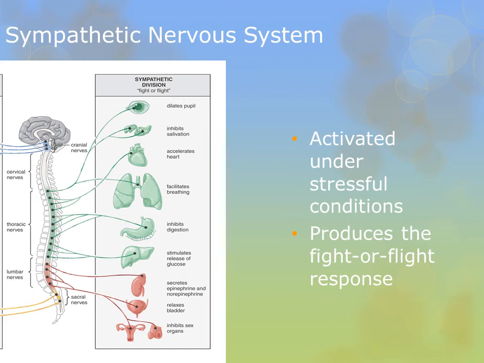So if I'm using a cholinergic blocker, that means it's going to block the parasympathetic nervous system and allow the sympathetic nervous system to be in control.